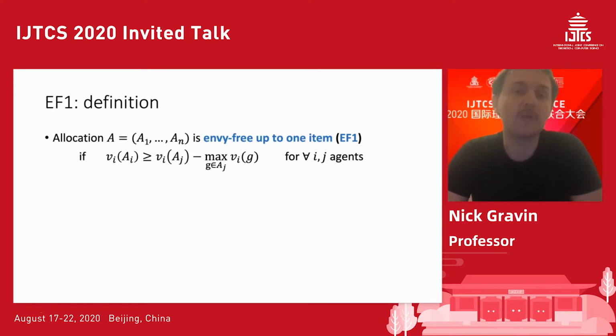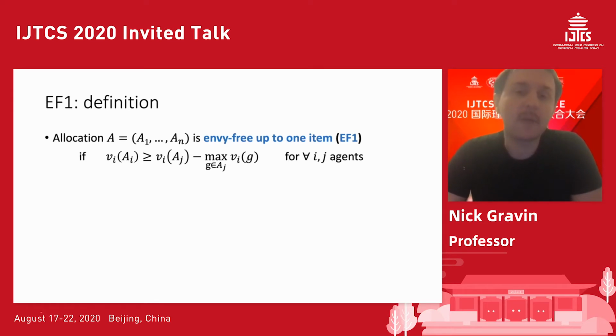Okay, so imagine you're agent i, and you wonder how much you envy someone else. Well, maybe somebody else gets better value. But we can drop one item, because the items are indivisible. So it's just because of one item that is big and creates this envy.